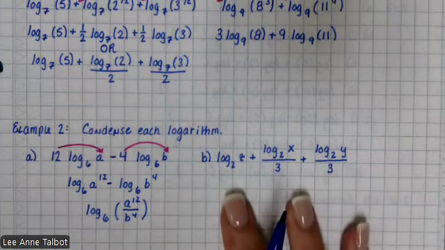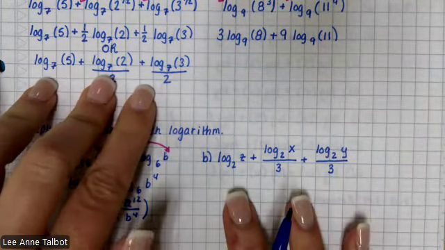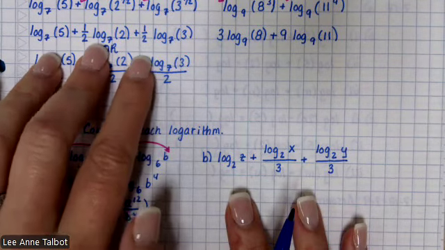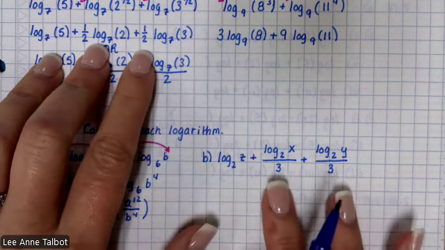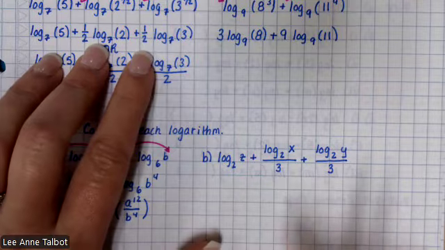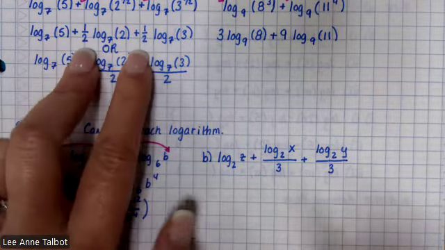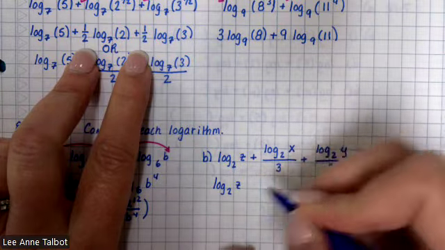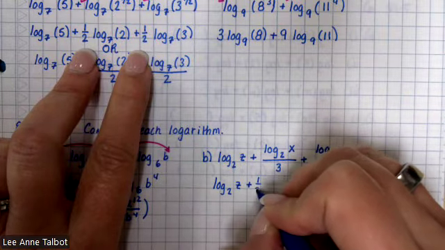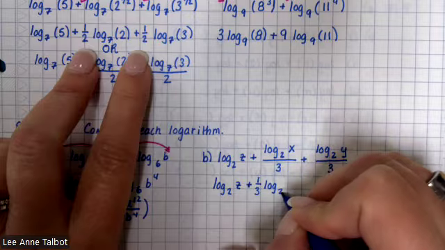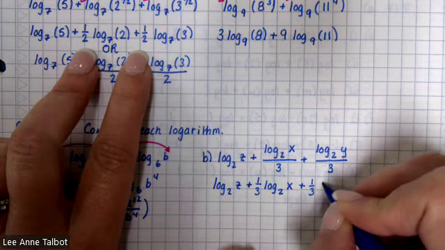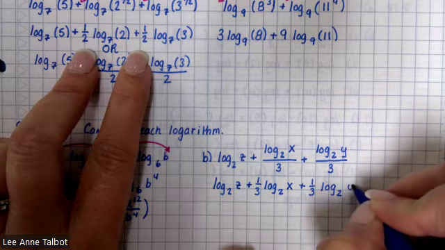Okay, now B. So it looks just like this one, right? What's the next step backwards? I take the divided by 3s and make them times a third in the front. So log base 2 of z plus 1/3 log base 2 of x plus 1/3 log base 2 of y.